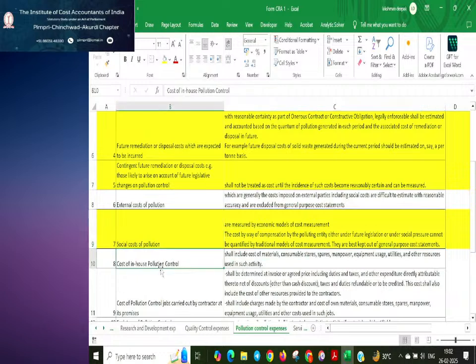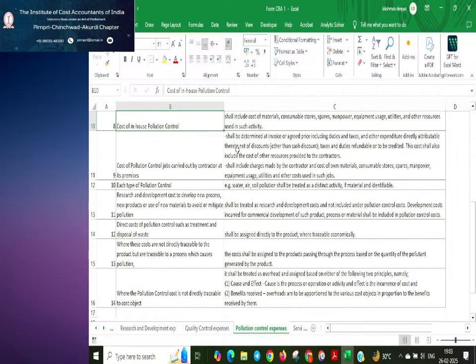Then cost of in-house pollution control. So it shall include cost of materials. So in-house pollution control is, in that pollution control department, whatever you incur will directly get into the cost. But if you give it to a contractor, what will happen? If it is given to a third party, you are not doing the pollution control by yourself. You are giving it to a contractor who is taking care of that pollution control.